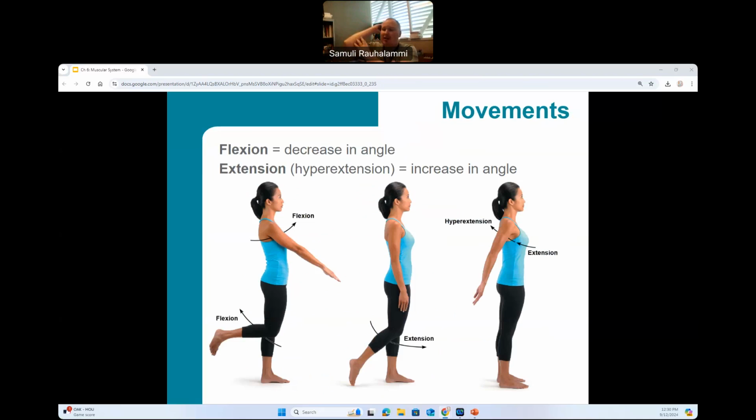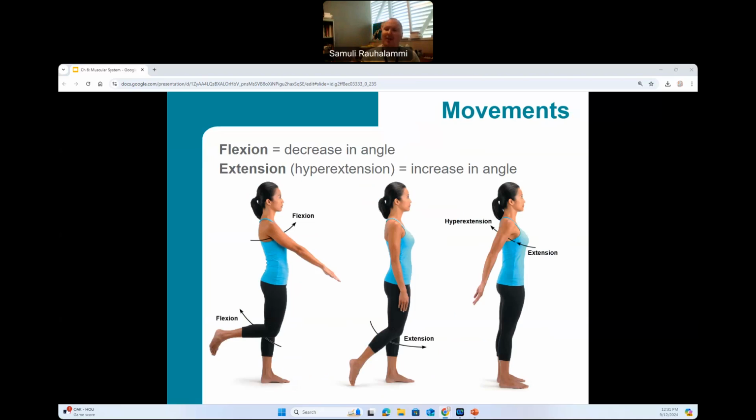I also wanted to talk about extension. So extension is the opposite of flexion that we just saw. In extension, we're increasing the angle between two bones. So the straightening of the elbow would be a good example of that, same for the knee. What I've also highlighted on this is that we can sometimes do something that's known as hyperextension.